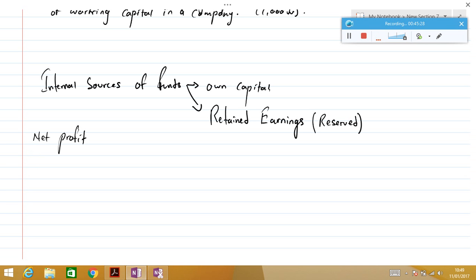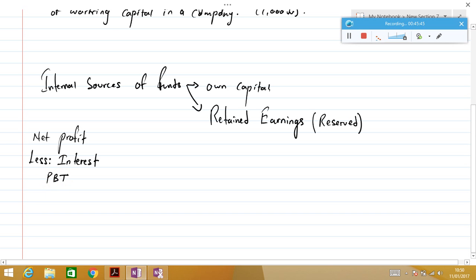Now, you still have a calculation after this. You have to minus what? Interest. Then you will get profit before tax. Then you have to minus your tax. Then you get profit after tax. Then you have to minus dividend.